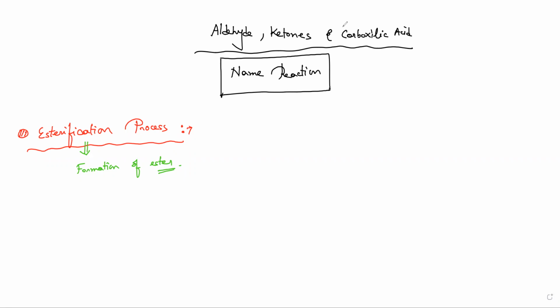Now for formation of ester, look, suppose this one is the acid, OH, with oxygen O18. When it reacts with alcohol, in the alcohol we are writing O18, in the presence of concentrated H2SO4 with heat. It gives H plus ion.